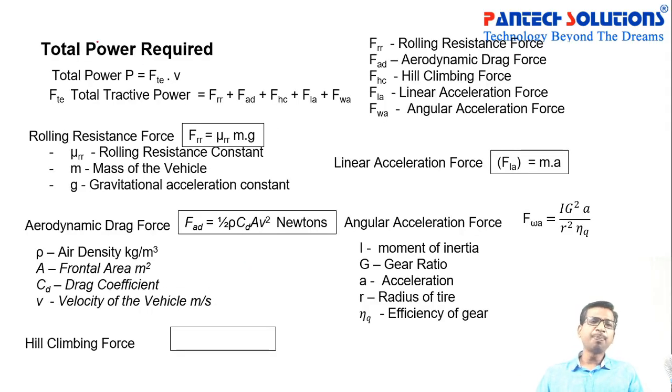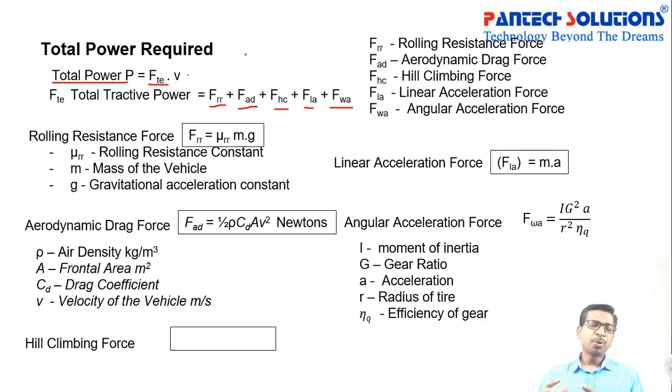And the total power required to drive your vehicle, that is the total power, P is equal to F into v. That is the total tractive force into velocity of the vehicle. The tractive force is the summation of rolling resistance force, aerodynamic drag force, hill climbing force, linear acceleration force, and angular acceleration force.